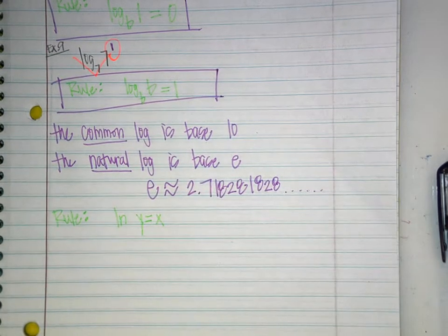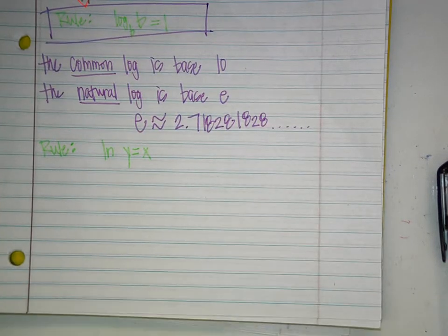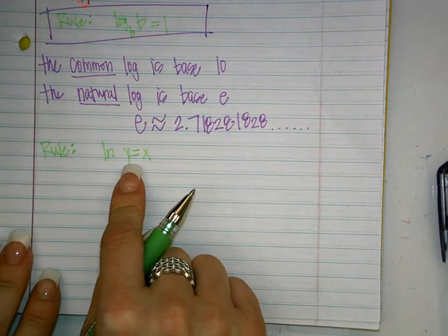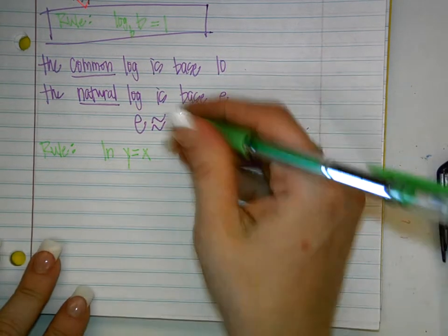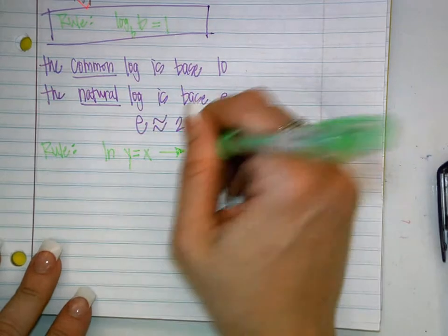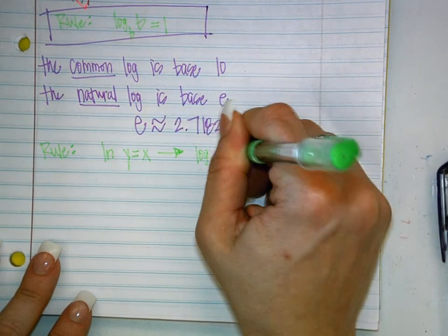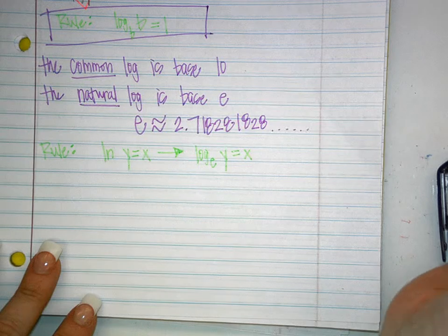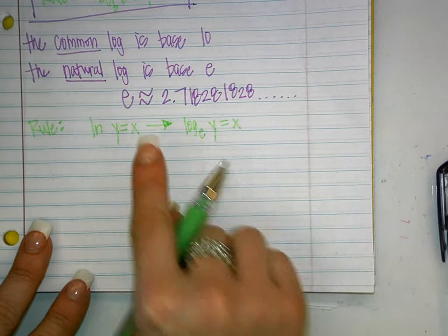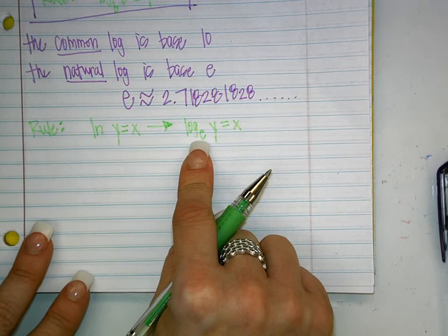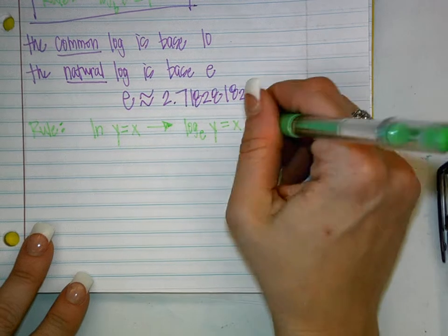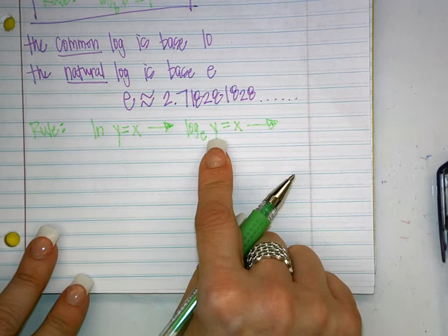I don't know why natural log is written as ln instead of nl. I have no idea. It's just written that way. Okay? Anytime you see ln, the first thing you need to do is rewrite it as log base e of y equals x. Okay, so first thing you need to do, anytime you see ln, is replace it with log base e. Then, how would you write this in exponential form?